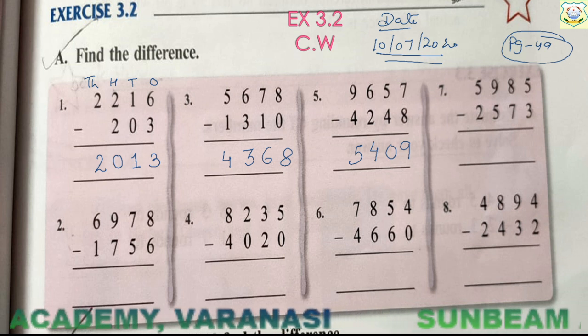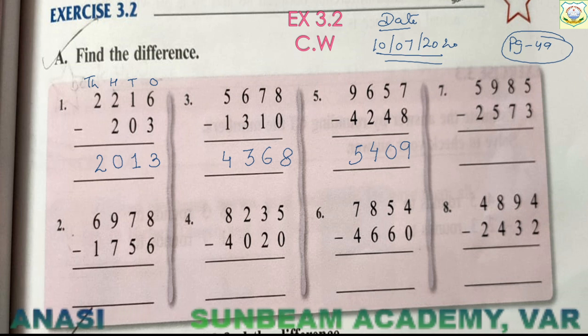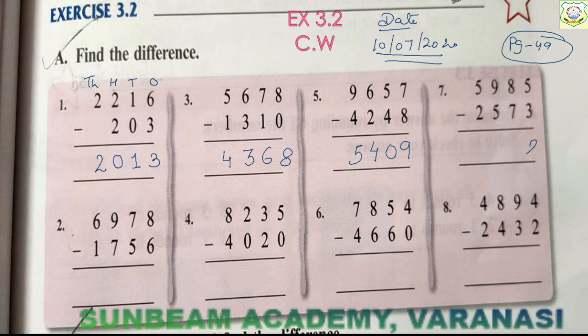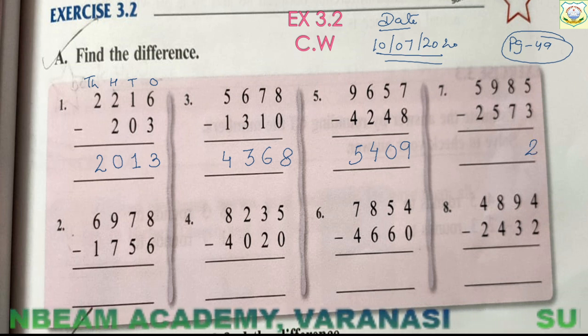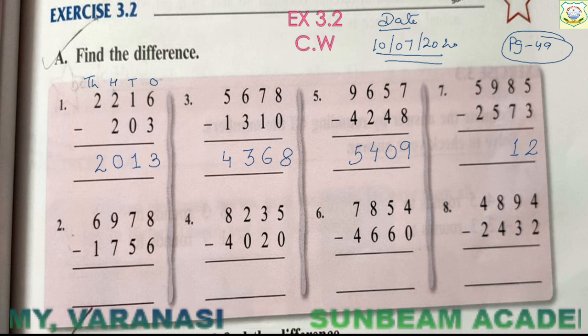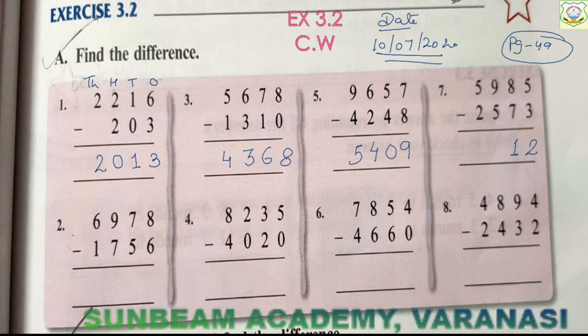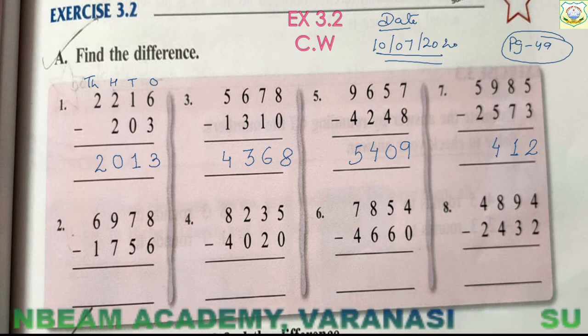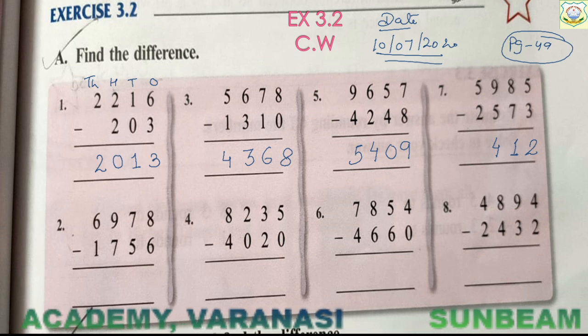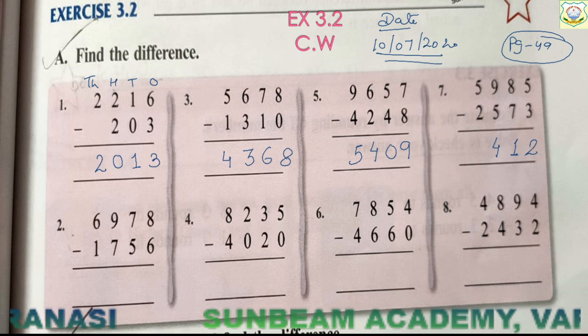Let's subtract the ones place first. 5 minus 3 is 2. 8 minus 7 is 1. 9 minus 5 is 4. Then 5 minus 2 is 3.